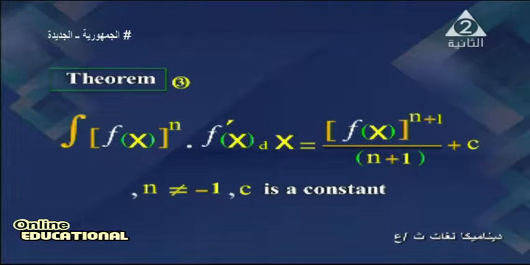Then we have [f(x)] to the power n multiplied by f'(x), which is the derivative of the function inside the bracket. Then the integration equals [f(x)] to the power n + 1 over the new power n + 1 plus the constant c.